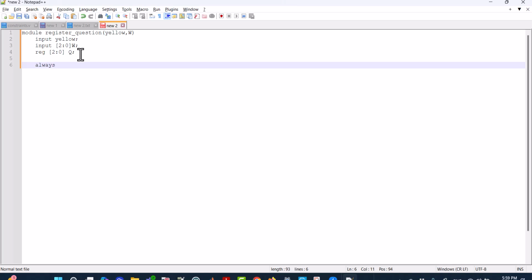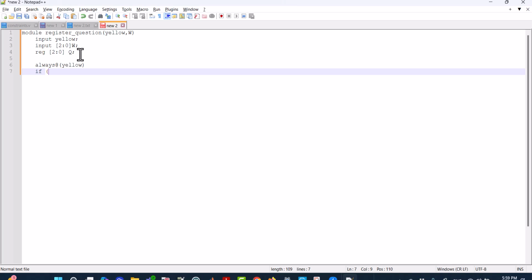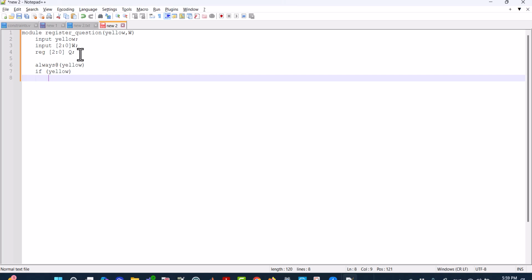And I'll have always at yellow. No, I'm only going to want it to change when yellow changes. So I'll just have always at yellow. If yellow, that means if yellow equals 1. Okay, so I'll need an integer here because I'm going to have a for loop.